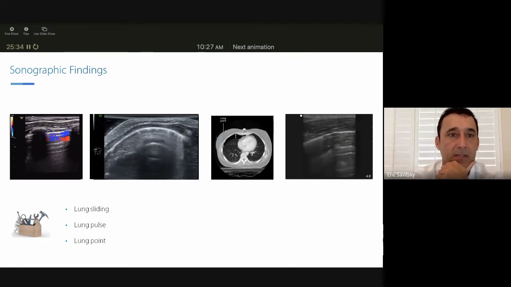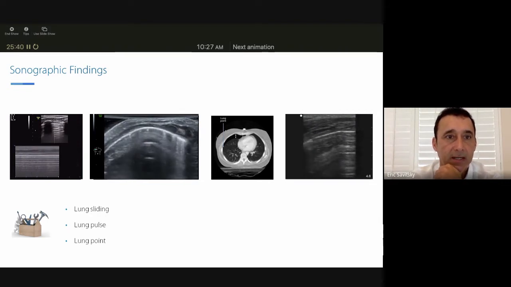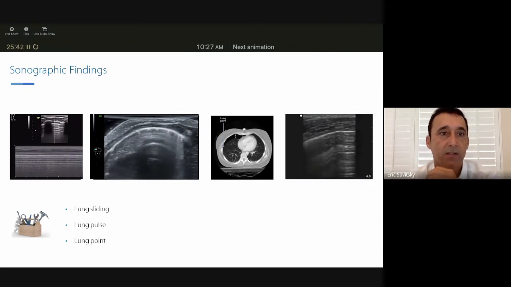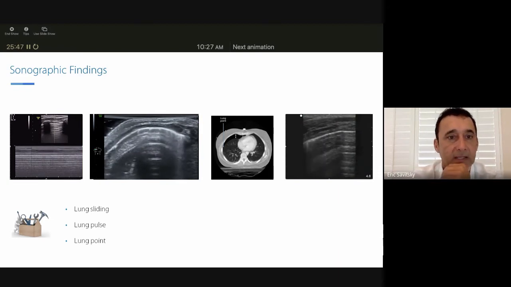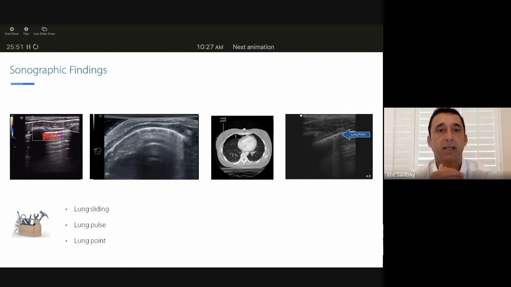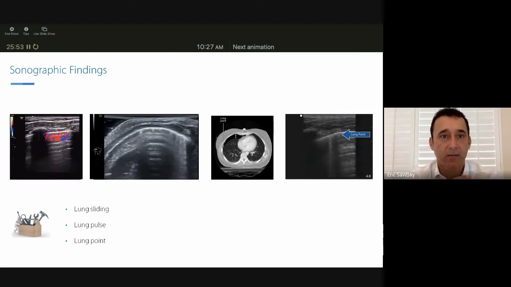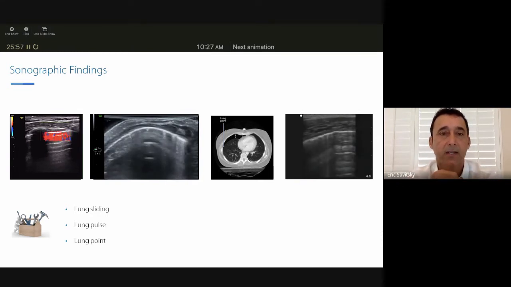All right, a couple additional terms to review here. On the left, we see the lung sliding that we've discussed, so very clear to and fro movement of the pleural line. But that should be differentiated from a lung pulse, which is what we see in the second image. This is, once again, a transverse oblique plane, so you're seeing the intercostal space, and you're looking at the lung.